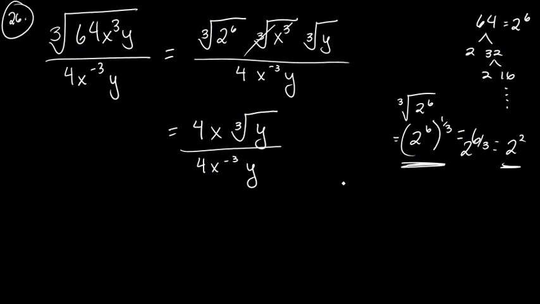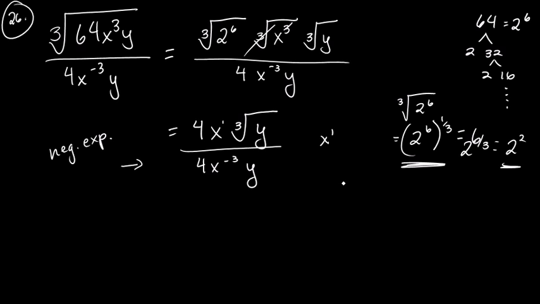Now, looking at the denominator, there's a couple of things that should come to mind. That negative exponent means it's going to move from the denominator to the numerator, or if you think of it as a division problem, this is x to the first.